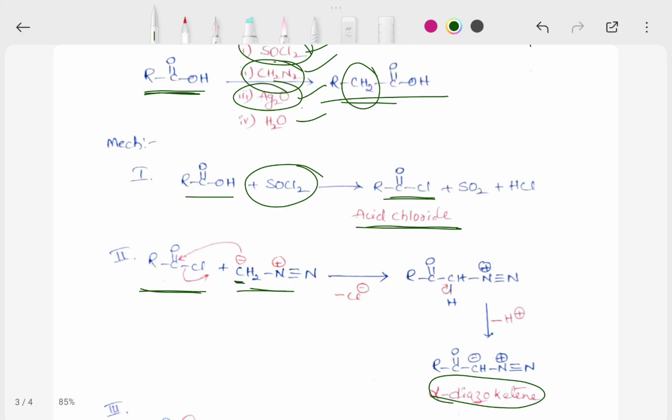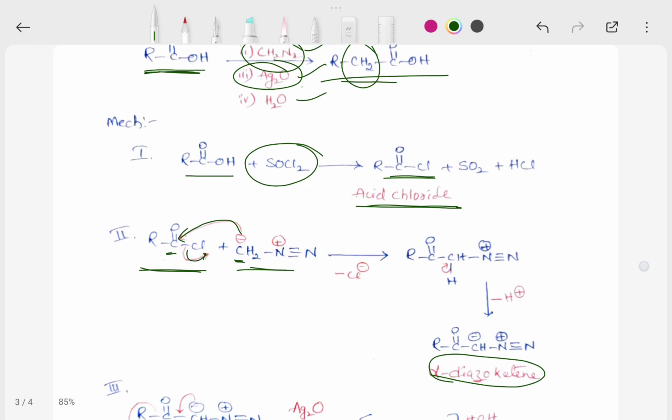In diazomethane, CH2 has a negative charge. This negative charge donates electrons to the carbonyl carbon with loss of Cl minus, and the intermediate removes one proton to form the alpha diazoketone.